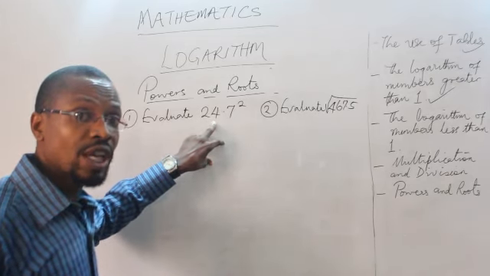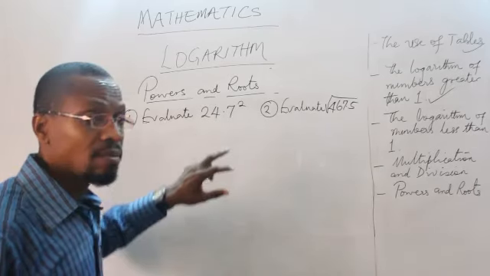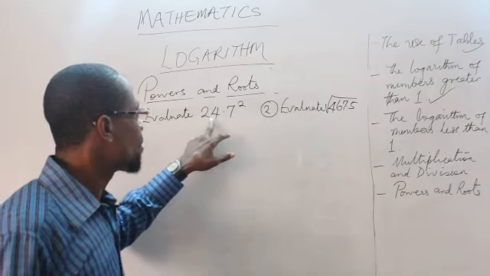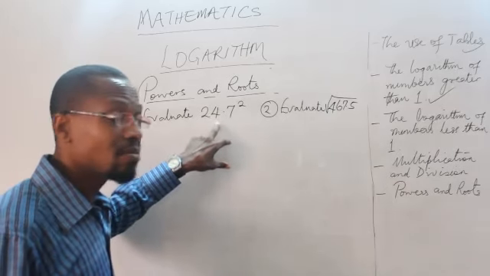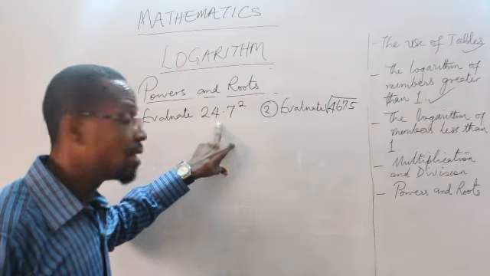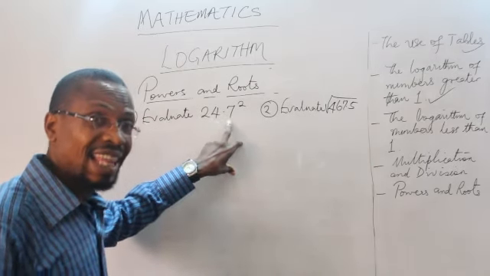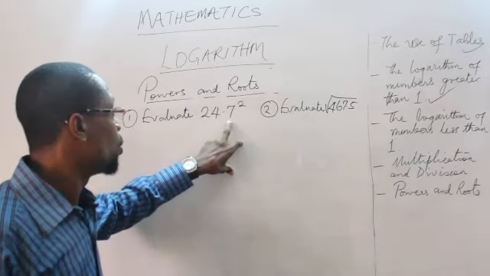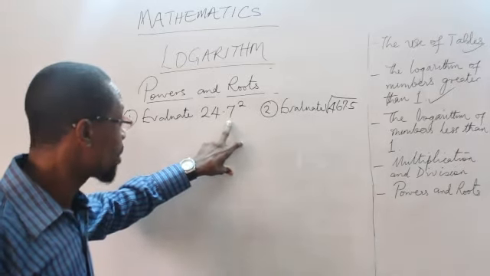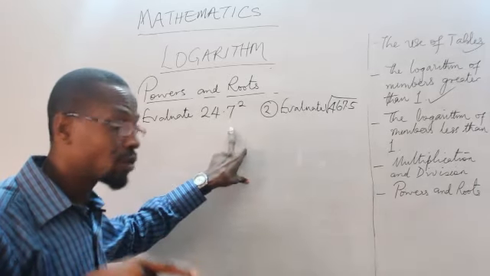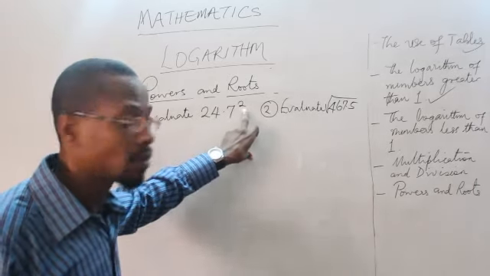You're not going to get the logarithm of 24.7 and then add 2 times and then add them. No, you rather get the logarithm of 24.7 and multiply that logarithm by 2.